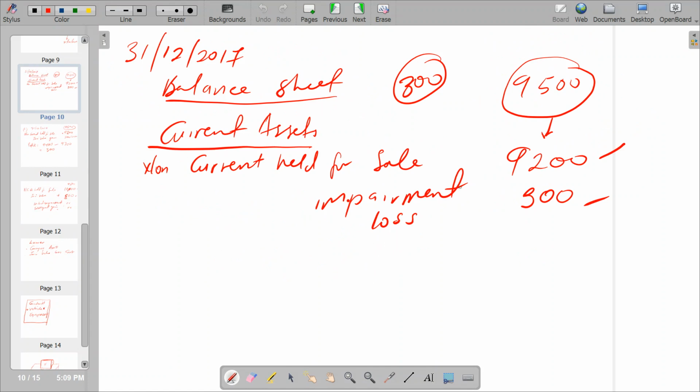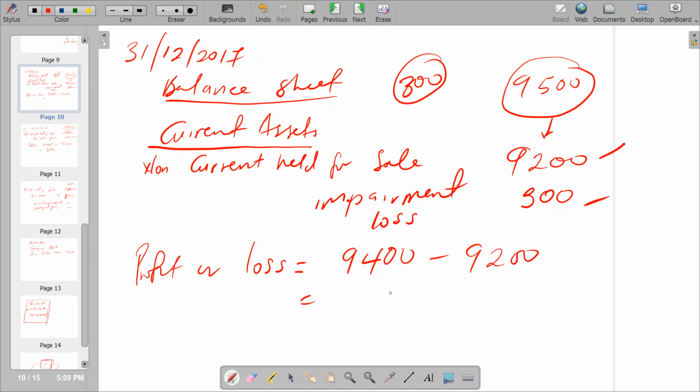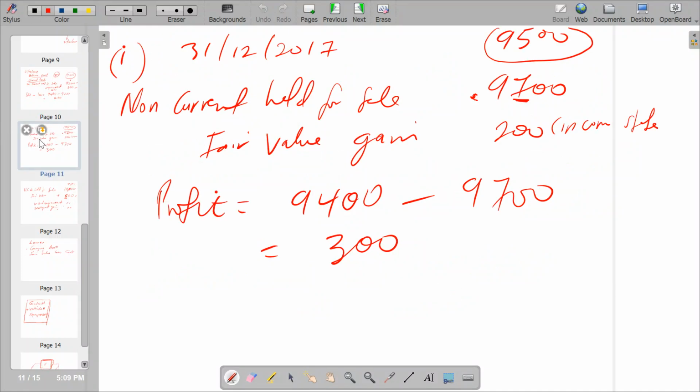So scenario 1, the fair value was 9,200. So the profit or loss is going to be the selling price, which is 9,400 minus 9,200. So here there's a profit of 200, and that's for scenario 1. Scenario 2, there's a loss.